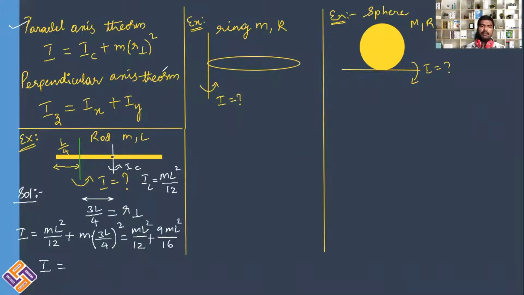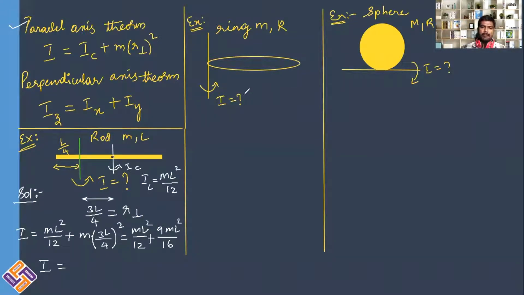Likewise, in example 2, you should calculate the moment of inertia of a ring. The axis is about one end of the ring and it is perpendicular to the plane of the ring. Remember that this axis is perpendicular to the plane of the ring.